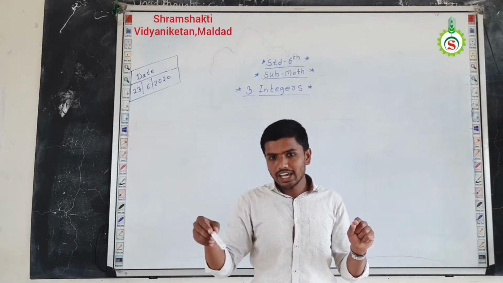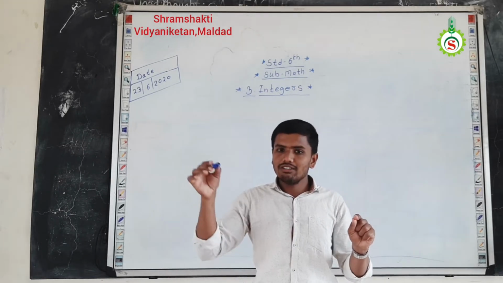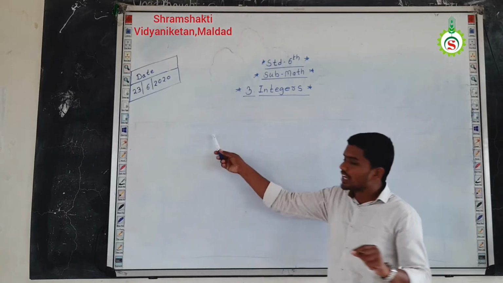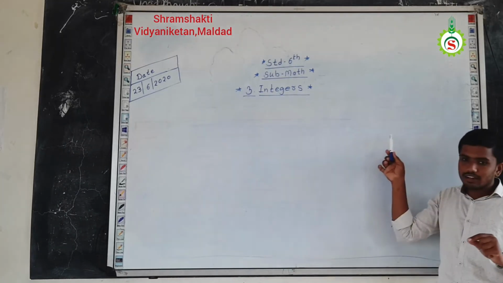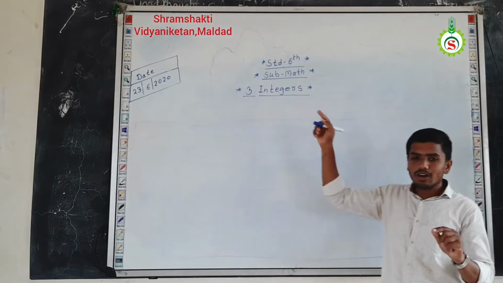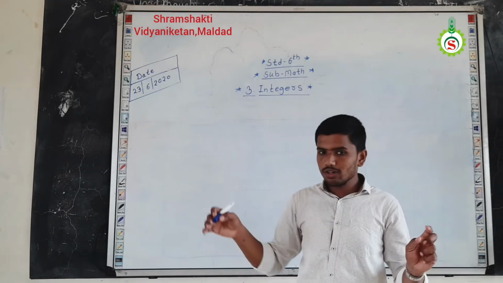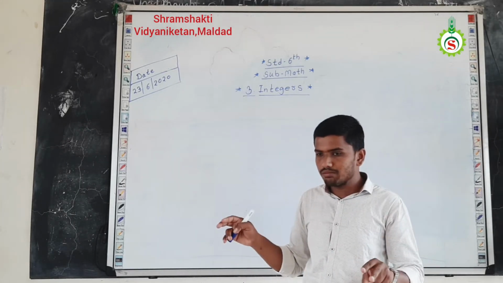So after 9 will come 10, 11, 12, 13, 14, 15, 16 like that. That means the series starts from 0 to any number, and that series is called the whole number series. So you have the idea about these two numbers, natural numbers and whole numbers.